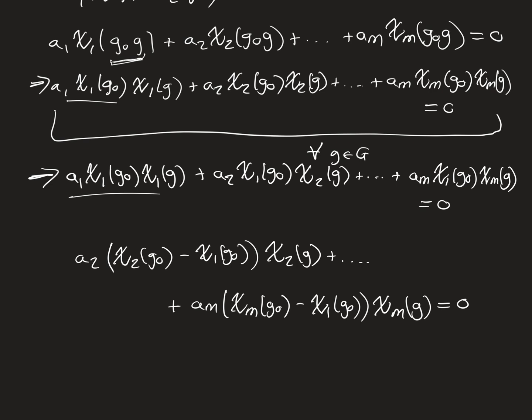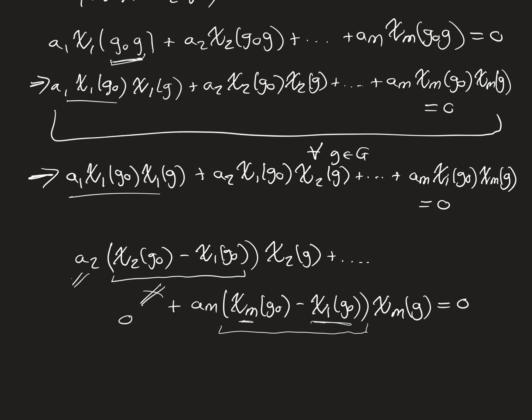Now, it might, by chance, happen that some of these other coefficients come out as 0. It might just by chance happen that some of the other chi's map g0 onto the same thing as chi1 does. But what I do know is I specifically chose g0 so that chi1 and chi2 do not map it onto the same thing. So I know that this does not equal 0 here.